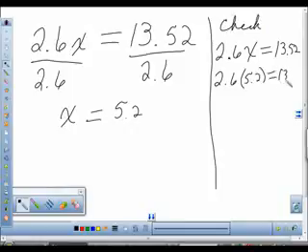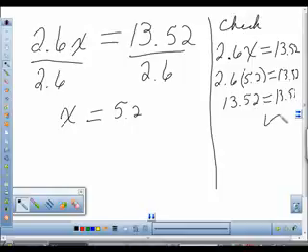I'm about to run out of board space, aren't I? When you multiplied 2 and 6/10 and 5 and 2/10, what did you get? 13 and 52 hundredths. It checked. So what did you circle for your answer? 5.2.